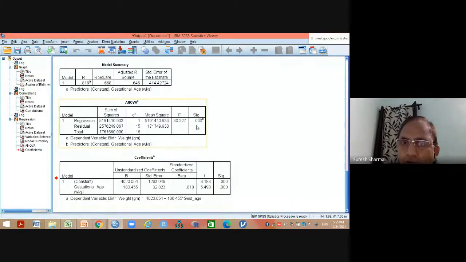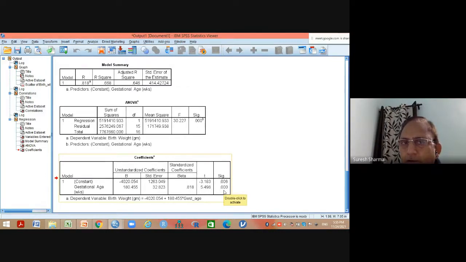If this is non-significant, there is no need to form any equation because the model is not applicable. This model is applicable only when the value of R is significant, the ANOVA table is significant, and moreover this coefficient, which is gestational age, has to be significant. Then and only then this model is applicable.